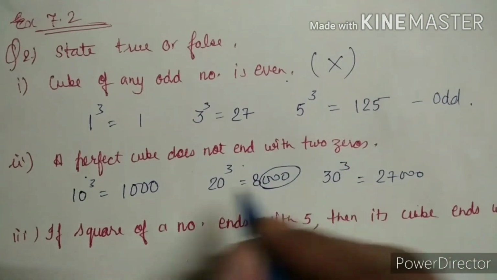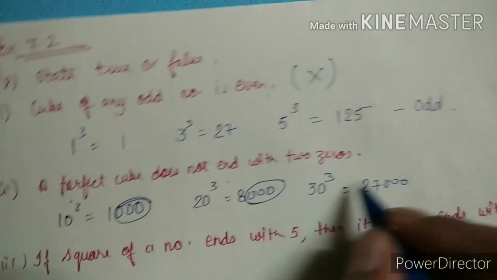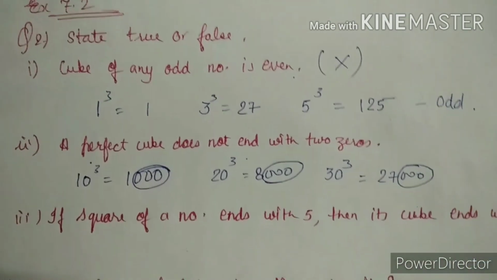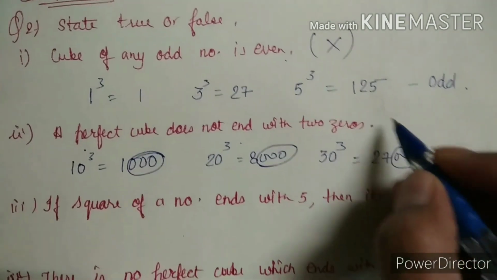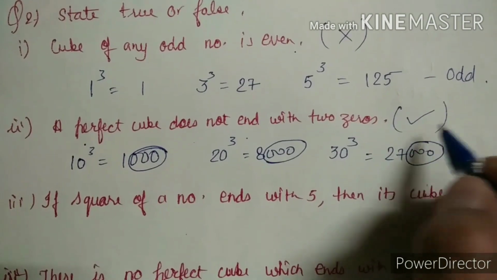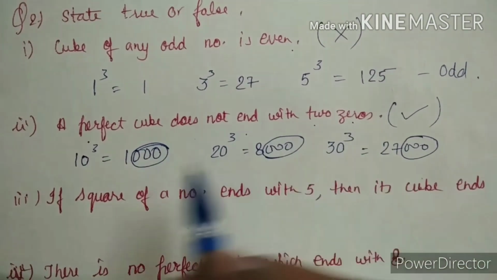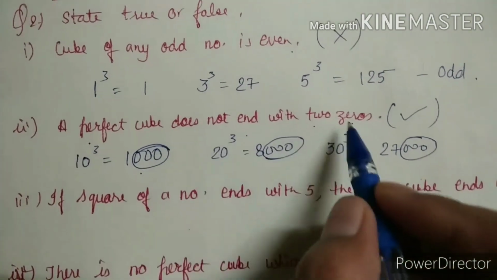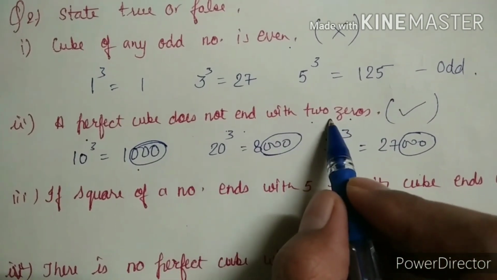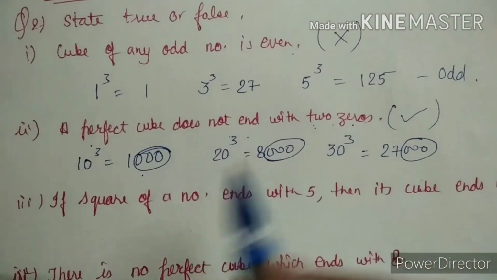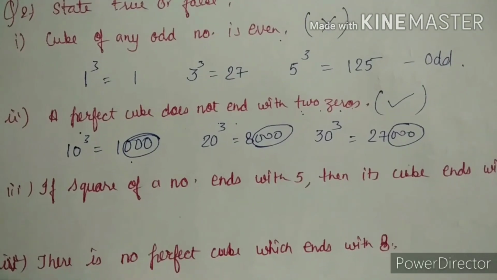At the end we have 000. Here is 000, here is 000, and here is also 000. So it means the statement is false, because the statement is telling only 20, but we have 000 and it does not end with 20. It does not happen with 20, so that is absolutely right.